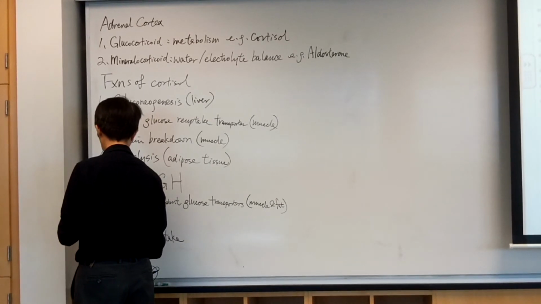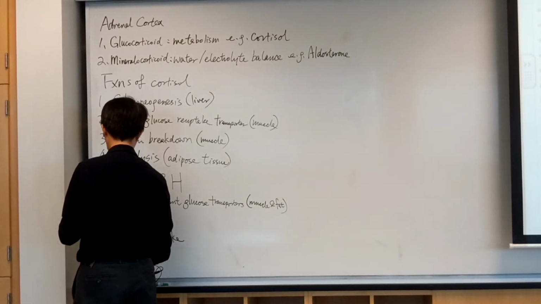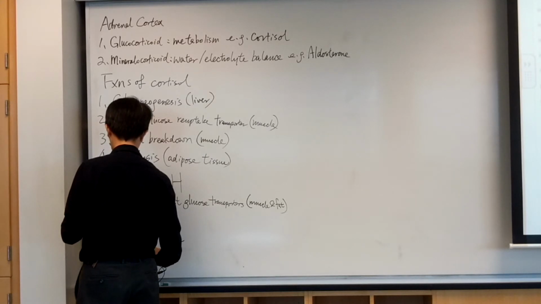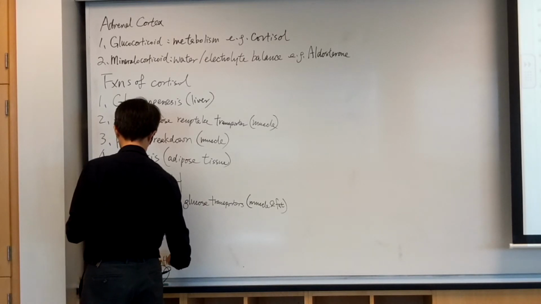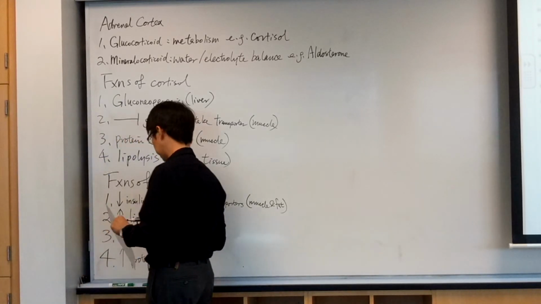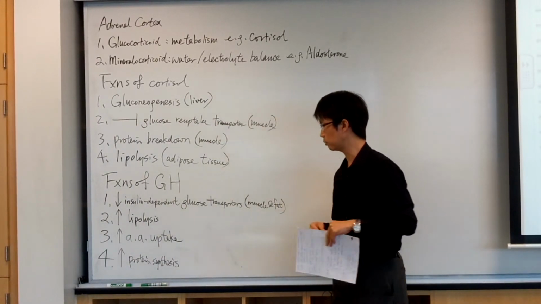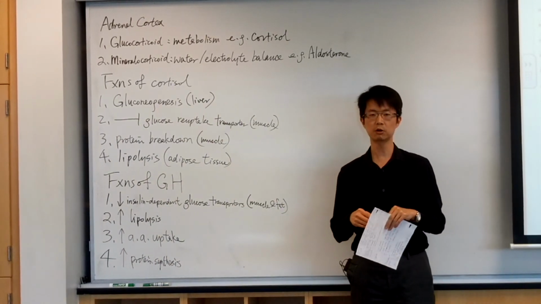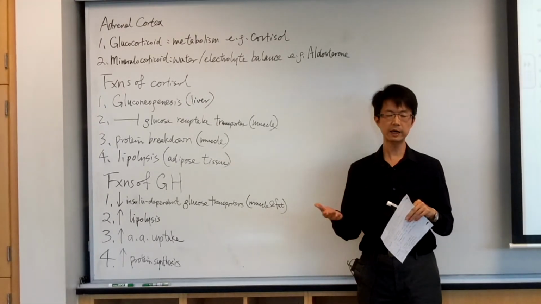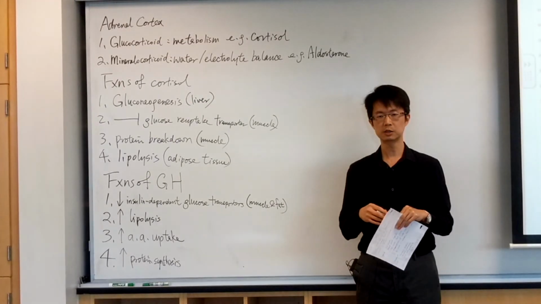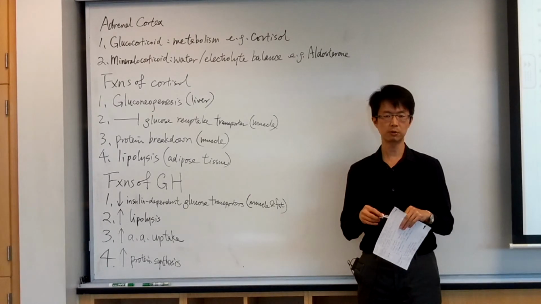Of course, number 4 is basically the same as number 3: protein synthesis. We want to make more protein. Body growth requires lots of protein. For example, you need more enzymes to speed up a lot of reactions so that your body can grow.